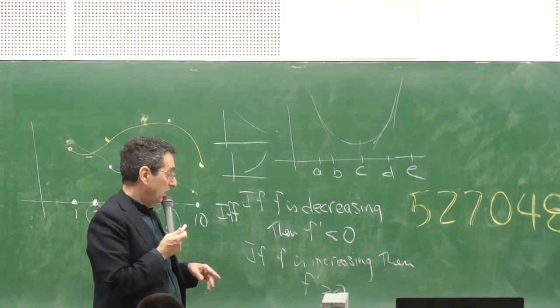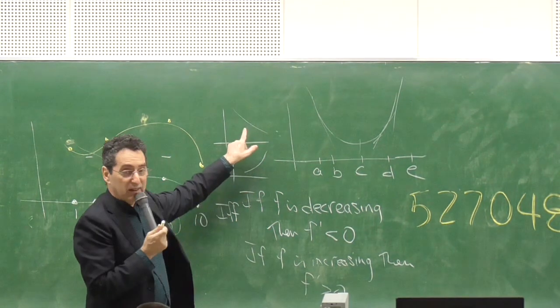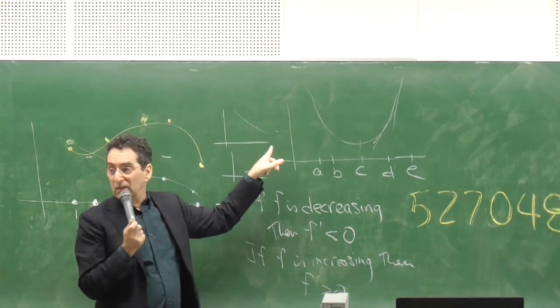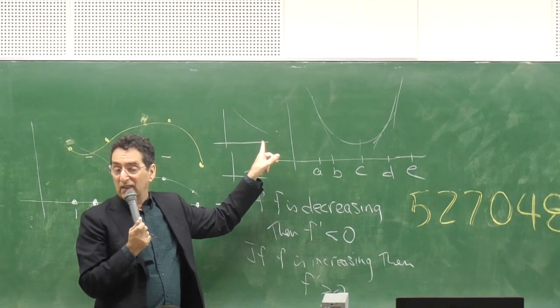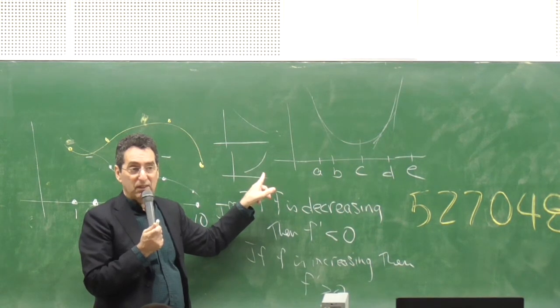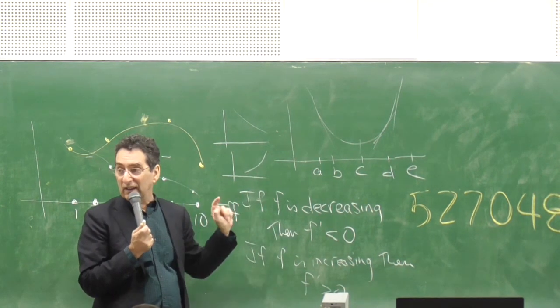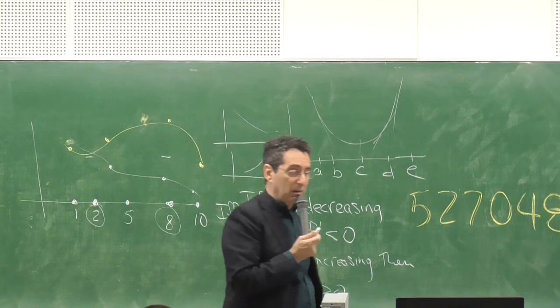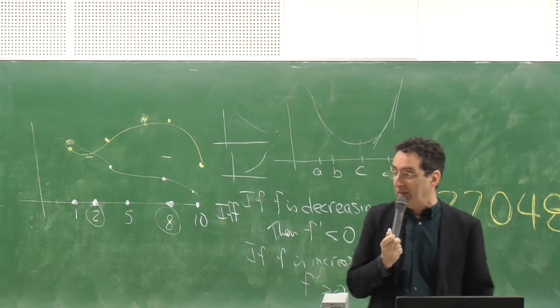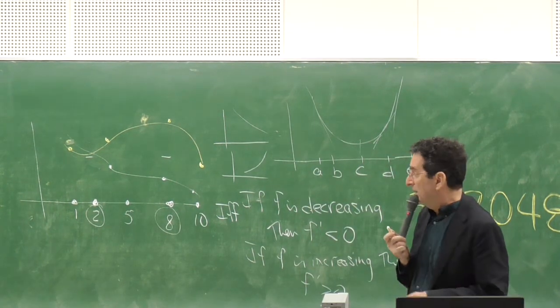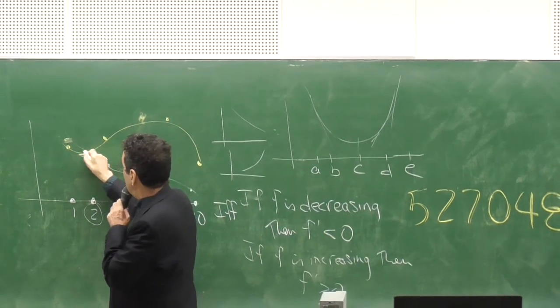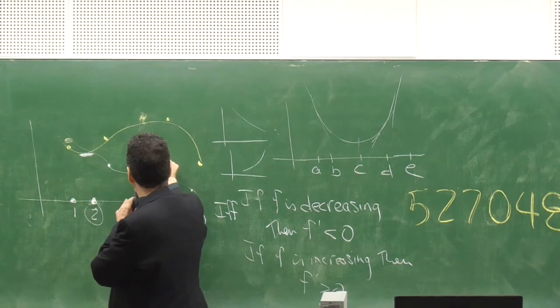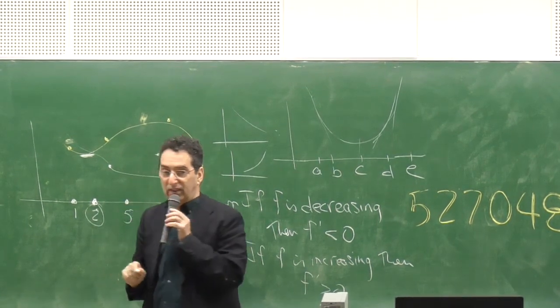So going back, what did we say here? If it's decreasing, the derivative is negative. And also, if the derivative is negative, then it's decreasing. And here, if the derivative is positive, it's increasing. So how is that going to help us with finding the maximums and minimums? Let's think about it. We just found that our function is flat at 2, and it's flat at 8.